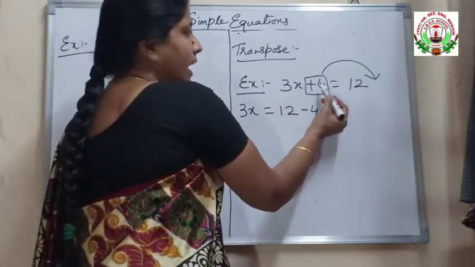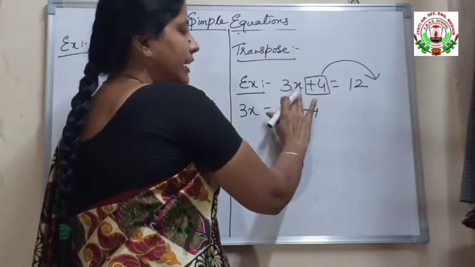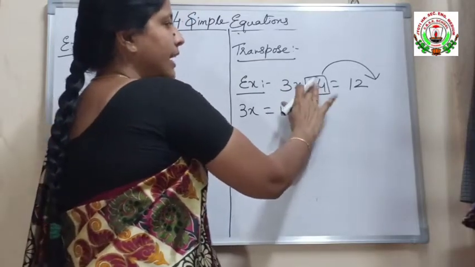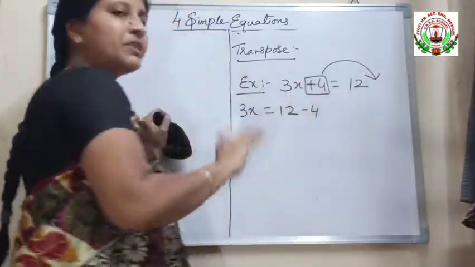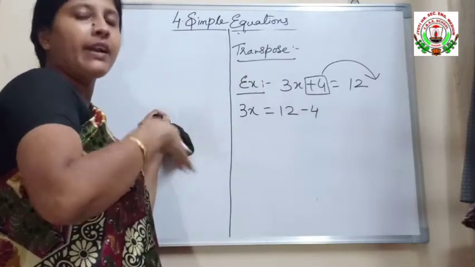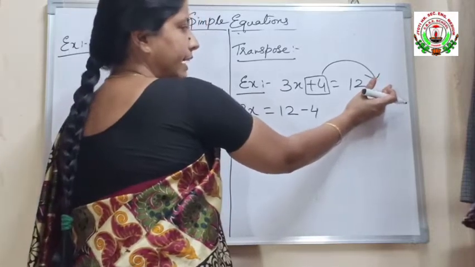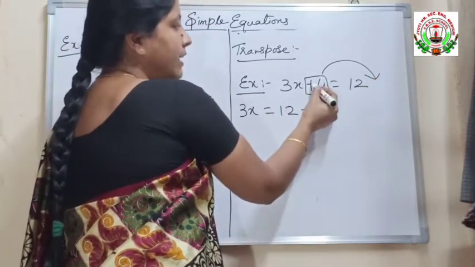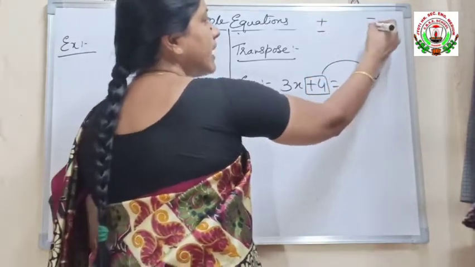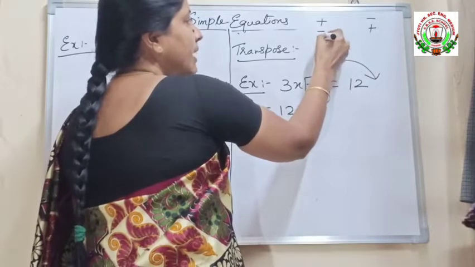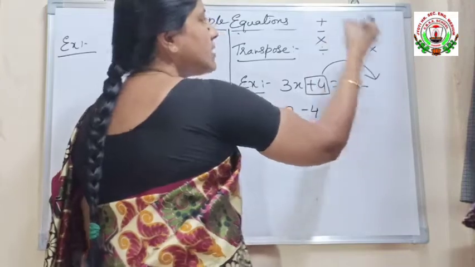Once again, transpose means the constants on the left hand side along with the sign, when transferred to the right hand side, if it is a plus sign, it becomes minus sign. If it is minus sign, it becomes plus sign. If it is multiplication, it becomes divide, and if it is divide, it becomes multiply.